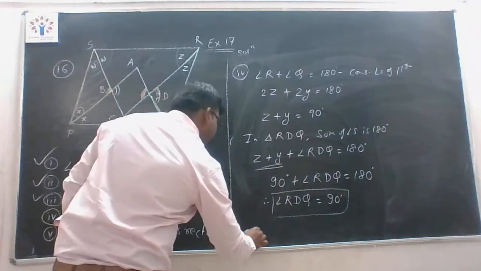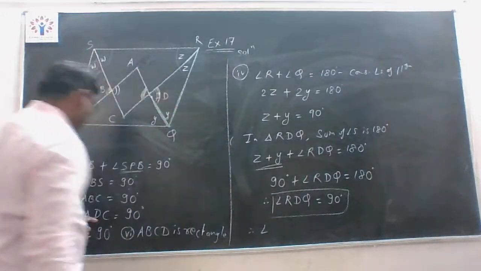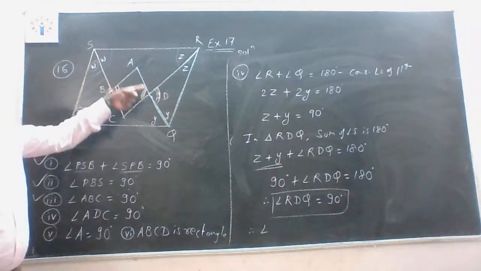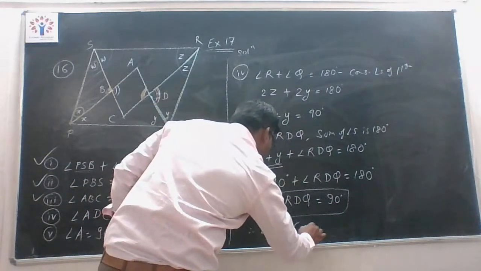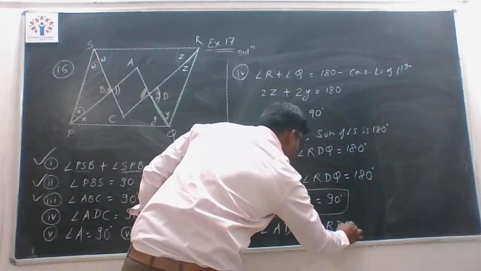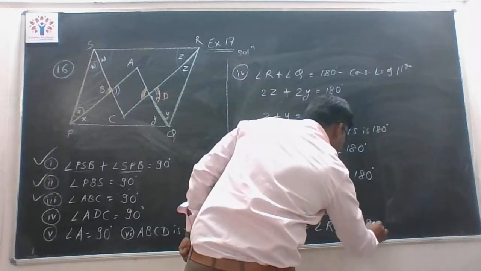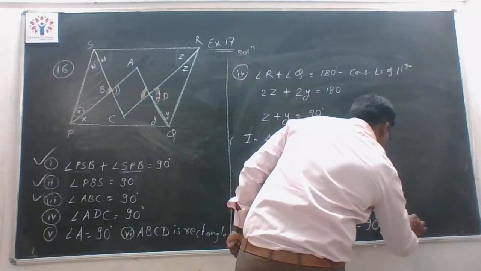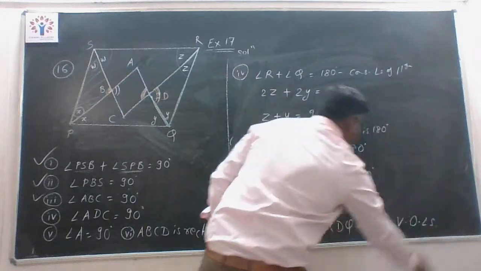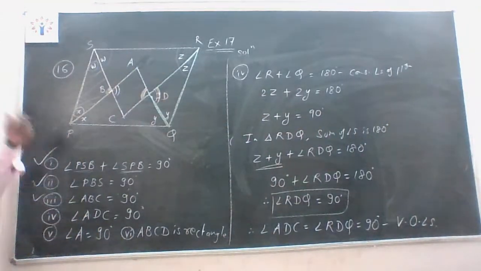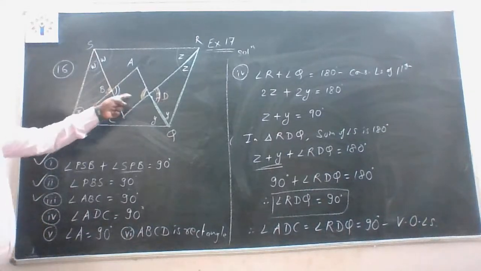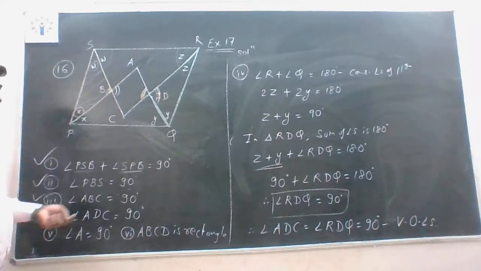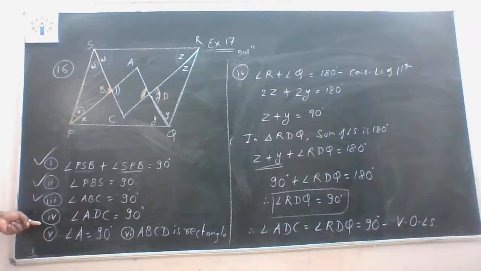So therefore we can say that angle ADC, angle ABC equals angle RDQ, which equals 90 degrees, and the reason is vertically opposite angles. Okay? So we have shown that these two angles are 90 degrees. Now this fourth part is completed.